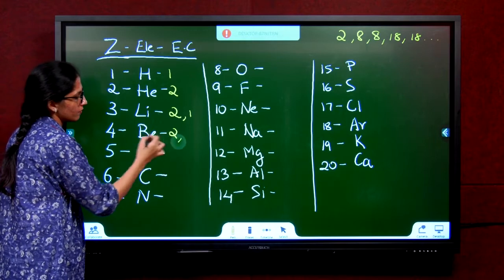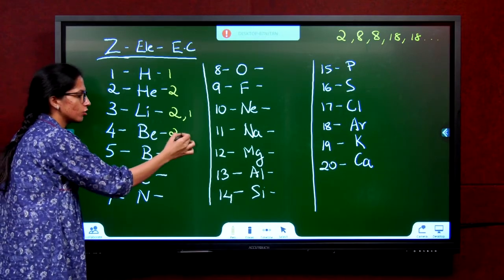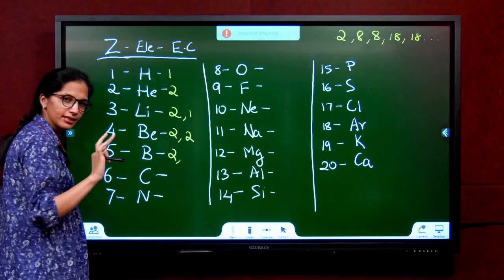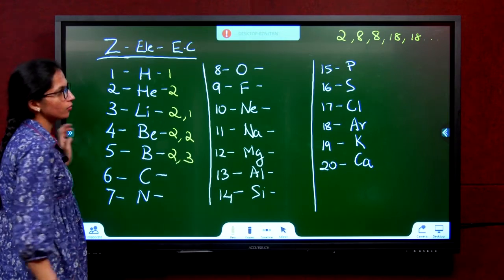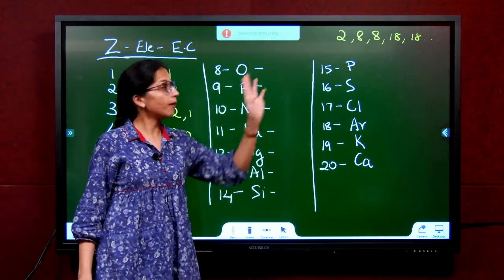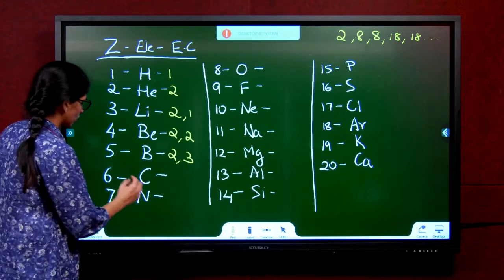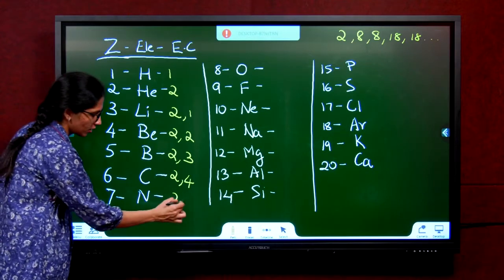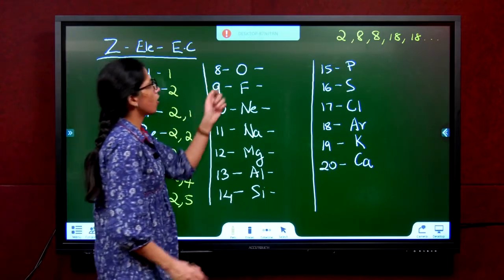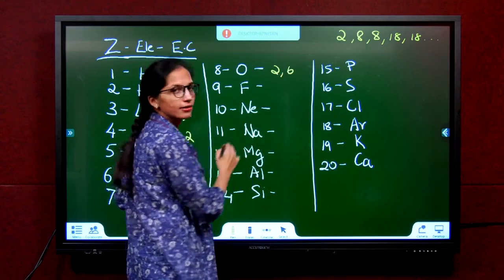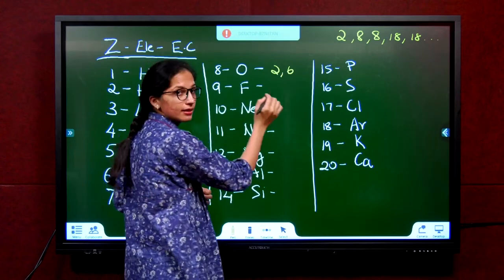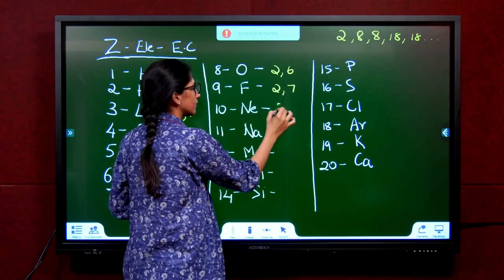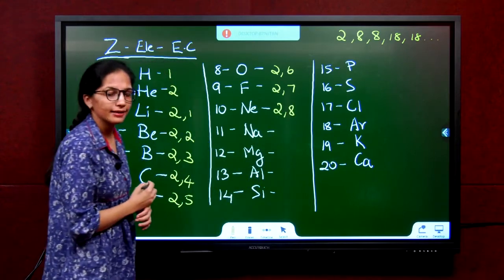4, beryllium, first shell holds 2, another 2 goes to the next shell. Boron, 5, first holds 2, remaining 3 goes and sits in the next shell. Why does it sit in the next shell? Because the next shell can hold up to 8 right now. So carbon 2, 4, nitrogen 7, 2, 5, oxygen 8, 2, 6, fluorine 9, 2, 7, neon 10, 2, 8.